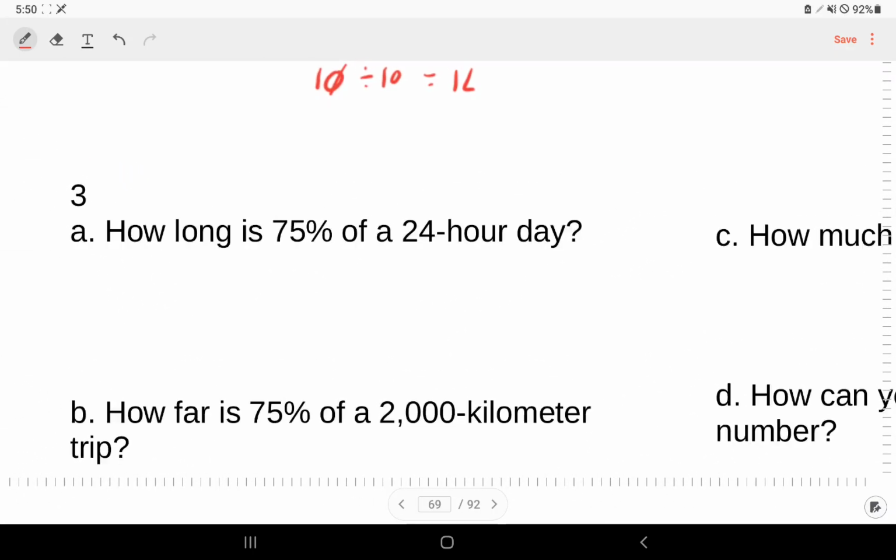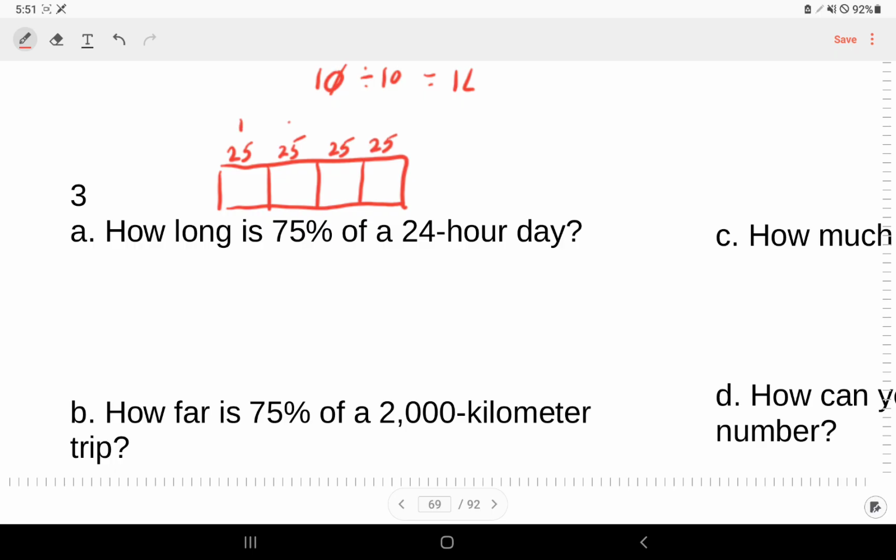And now the same idea, well, 75%. Well, we can't cut 100% into 75%. What we can do is cut it into 25%. So 25, 25, 25, and 25.